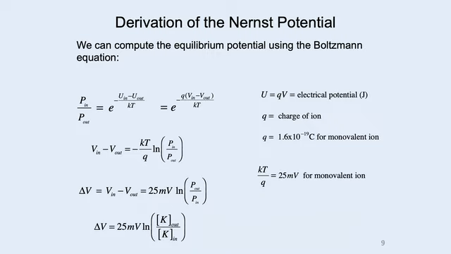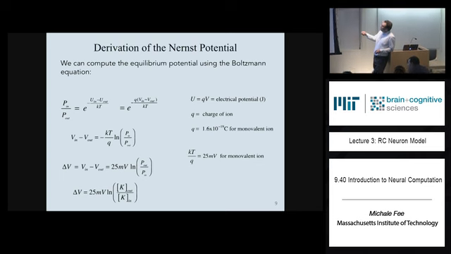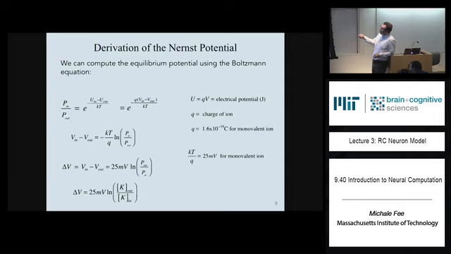Last time we derived the Nernst potential using the Boltzmann equation. The Boltzmann equation gives us the ratio of the probability of finding an ion inside or outside of the cell, and that's equal to e to the minus energy difference of an ion inside and outside of the cell divided by kT. The energy difference is given by the charge times the voltage difference, the charge of the ion that we're considering times the voltage difference.